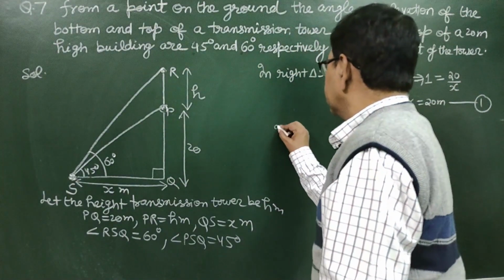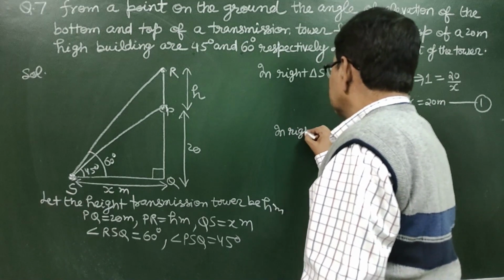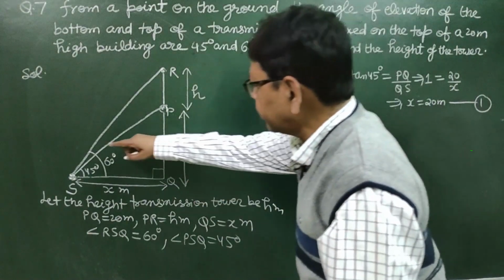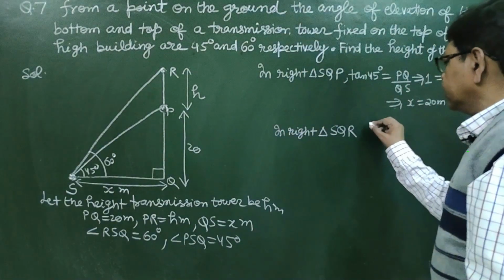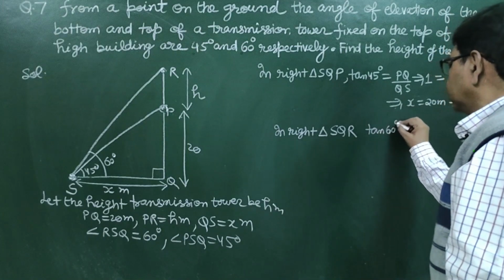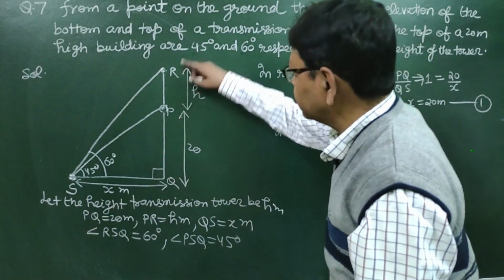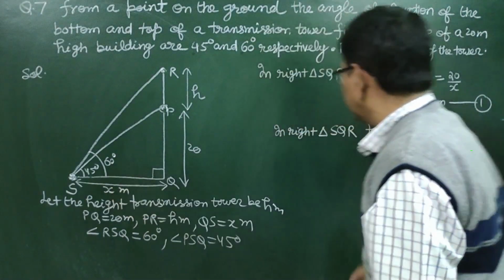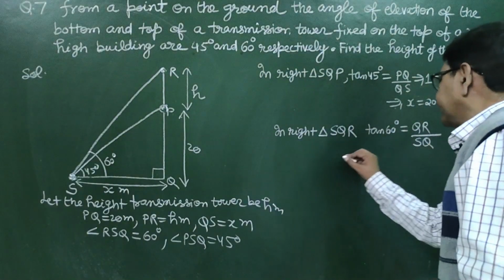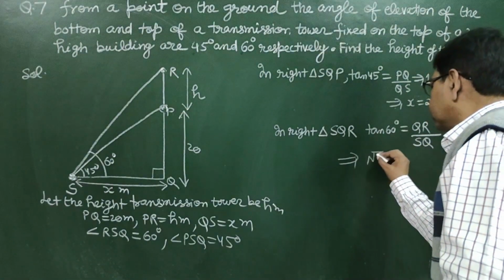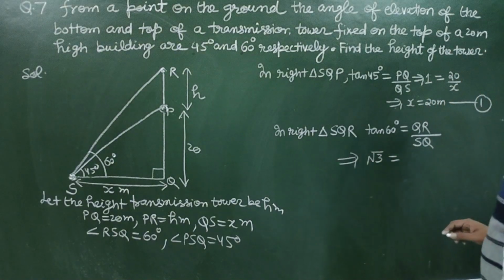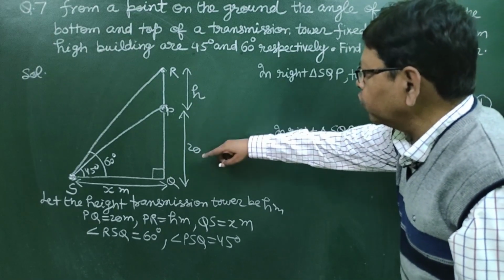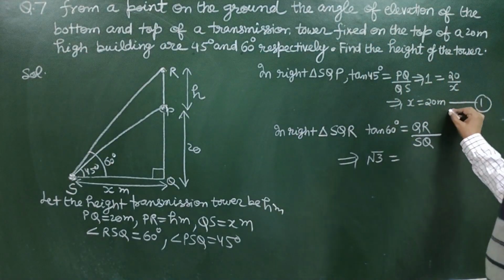In right triangle SQR, tangent of this angle, that is tan 60 degree, is equal to the perpendicular, that is QR, upon the base SQ, and tan 60 you know is equal to under root 3, is equal to QR upon SQ.